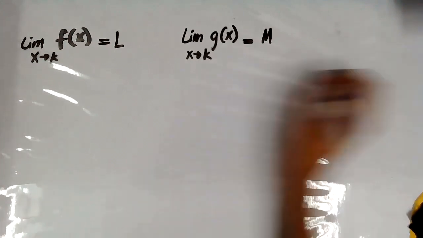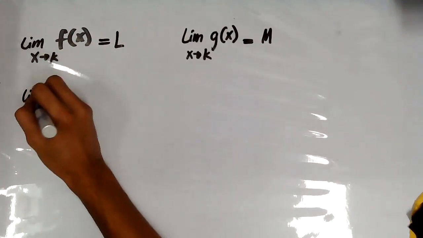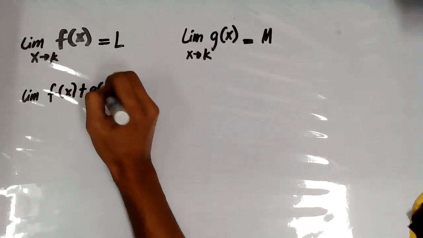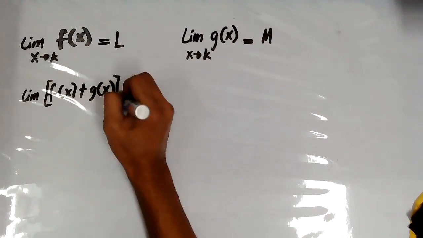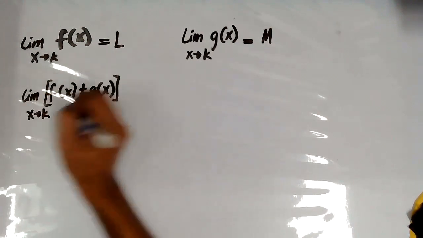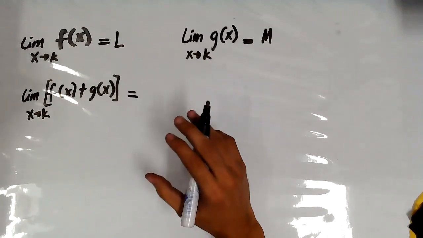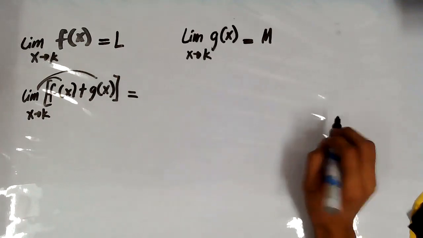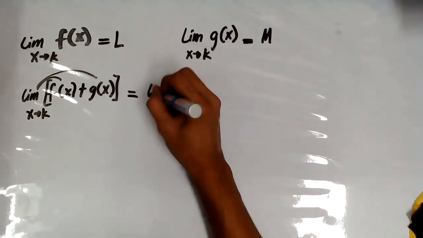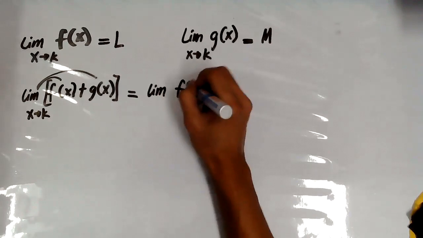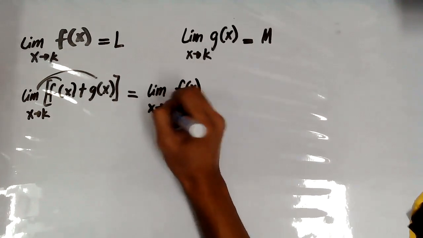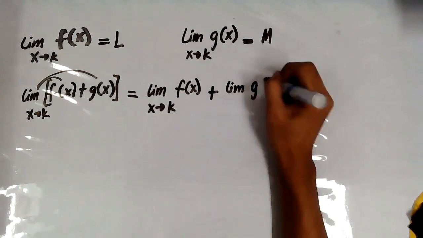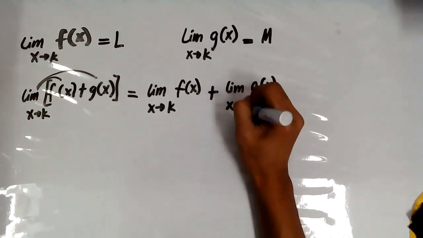All right. So if you're going to get the limit of the sum of f of x and g of x as x approaches the value k, you're just simply going to distribute the limit. This is going to be the limit of f of x as x approaches k plus the limit of g of x as x approaches k.